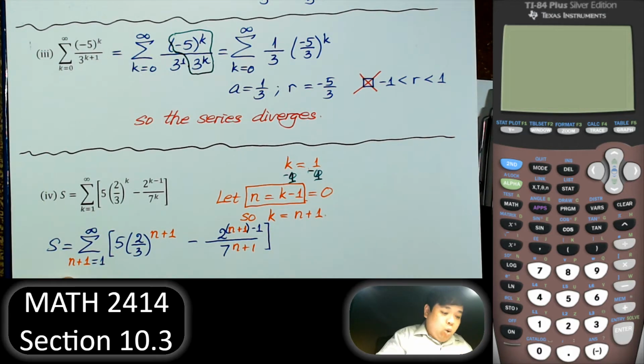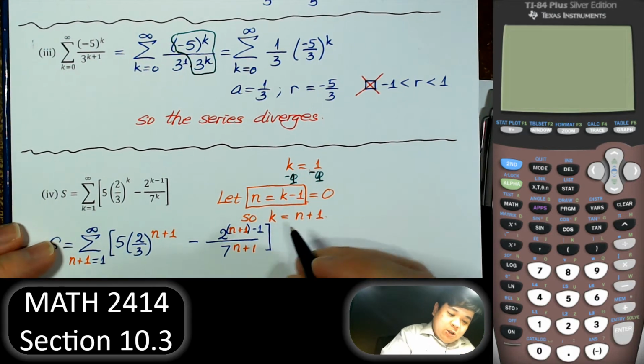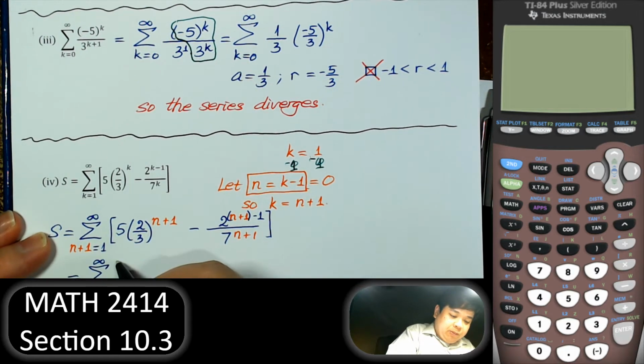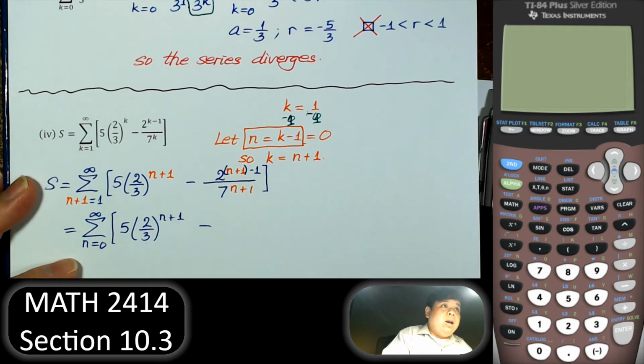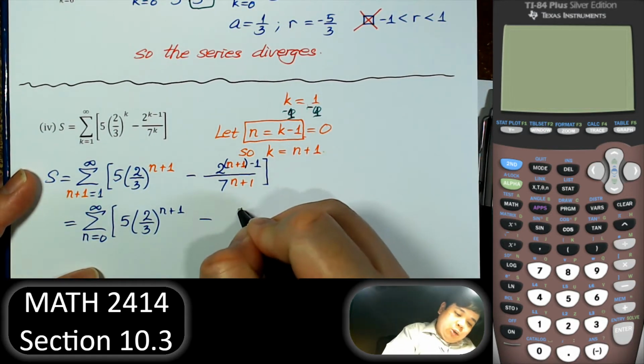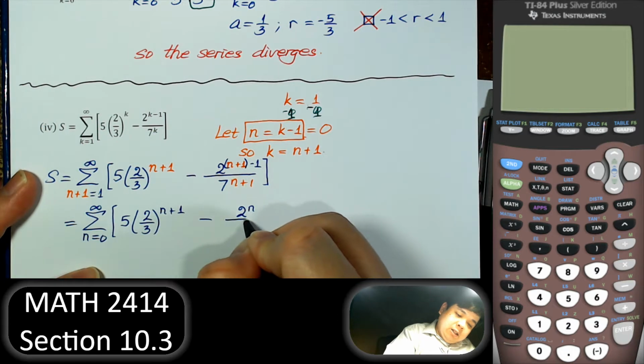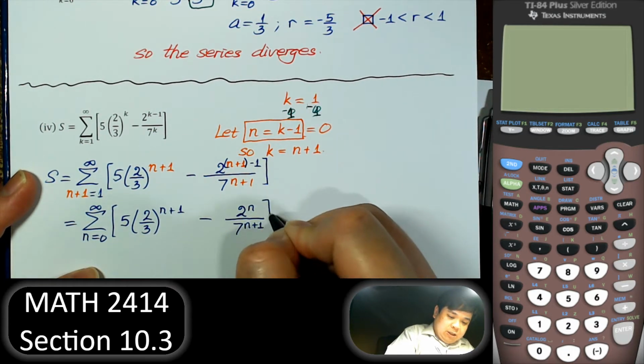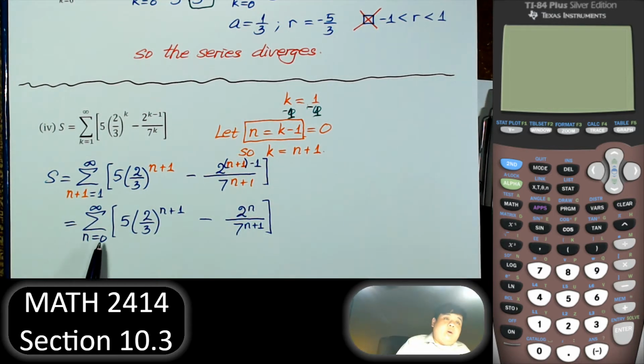Now, n plus 1 equal to 1. Subtract 1 on both sides so that we have n equal to 0, which is good. We want the sum to start from 0. And then here we have 5 times 2/3 to the n plus 1. And n plus 1 minus 1 gives us 2 to the n. And then the bottom is 7 to the n plus 1. So at least we start from 0, which is good.